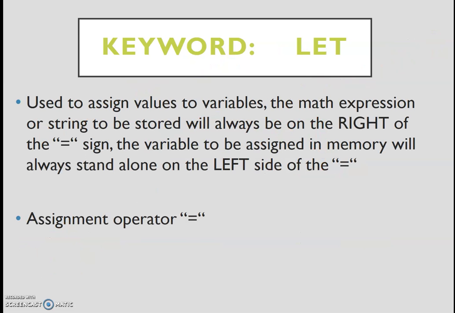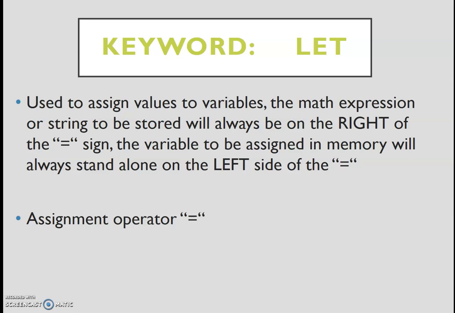So how do I get information into a variable? The first of those is using the keyword LET. We use the keyword LET to assign values to a variable in a memory location of the computer. And how that happens is that the math expression is going to store the information using the assignment operator into a variable location in memory.